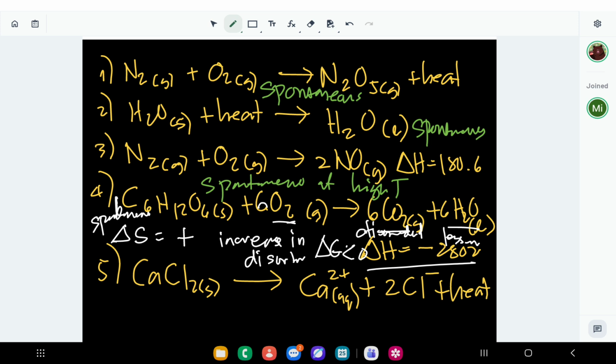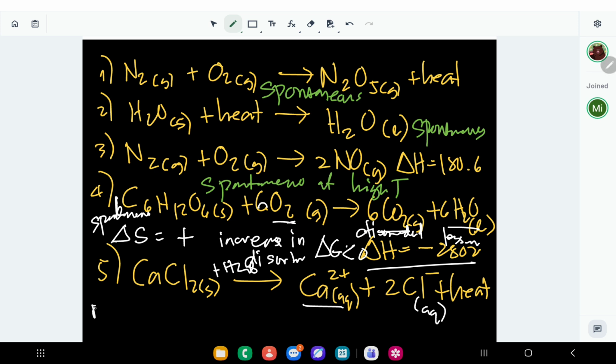So we have CaCl2. We dissolve CaCl2. Let's assume this is dissolved in water because it dissociates into ions, calcium ions, because it says here aqueous. So that means it dissolves in water. Dissolving is exothermic.